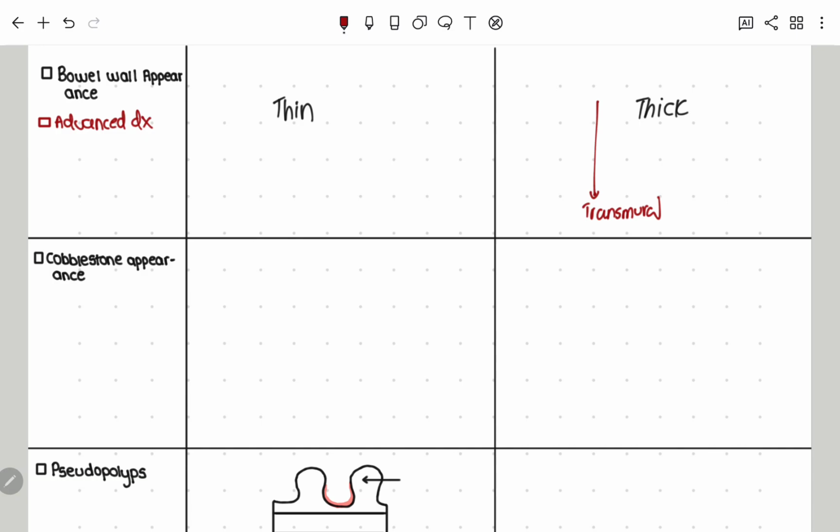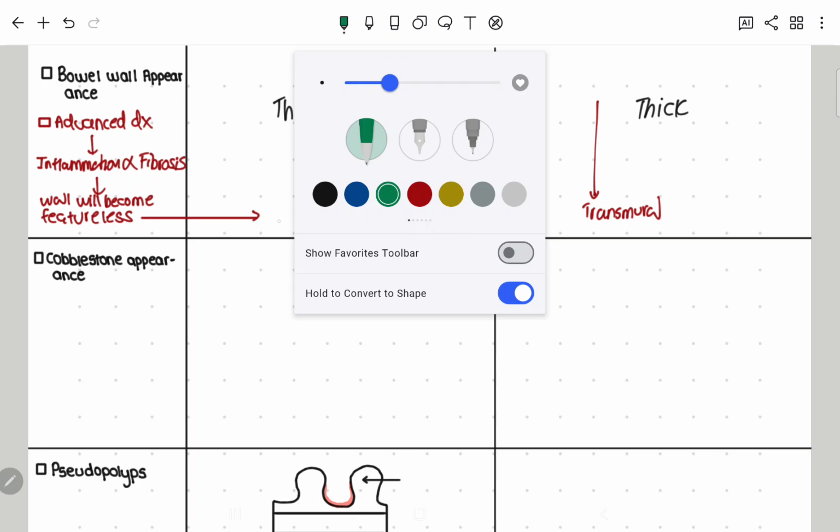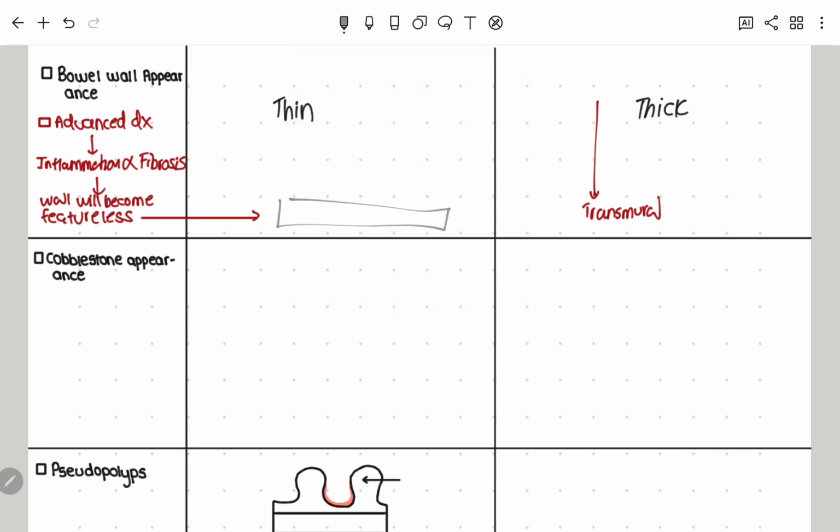So if this disease goes on for way too long without any medical treatments or surgical treatments being offered, because you will have repeated cycles of inflammation and healing which occurs through fibrosis, you can see that the wall will become completely featureless, and that is when we describe the wall of the intestine to resemble a lead pipe.